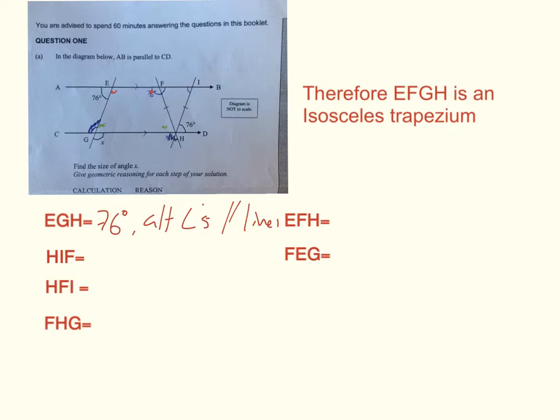The next one, firstly, I'm trying to get to this angle in here, remember? I'm trying to get to that one, but to do it I've got to find that one, then this one, and then I can find that one. So this one up here I will find by using alternate angles again. There's a Z, there's a Z. So HIF will be 76 degrees because again, alternate angles, and I'm just going to do dot, dot, dot in parallel lines.